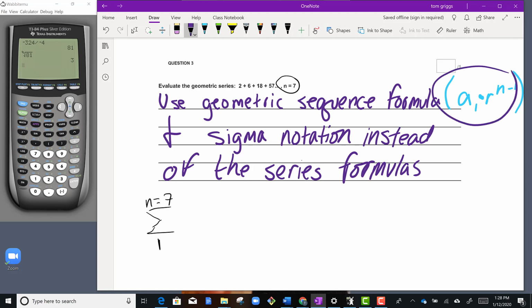And I'm going to write it out on the right-hand side here of the summation notation. So a sub 1 in this problem, of course, is just 2 times my common ratio, which is obviously 3, raised to the n minus 1 power.